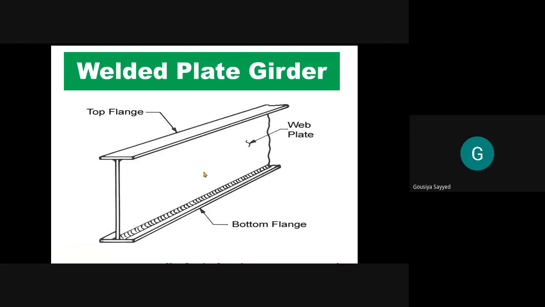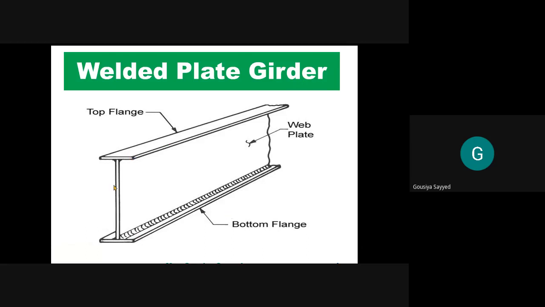So what is the meaning of plate girder? The plate girder is an I-beam built up from steel plate using bolted or welded connections. So simply it is an I section which is made by steel plate. This is the top plate and the bottom plate. These are named top flange and bottom flange.